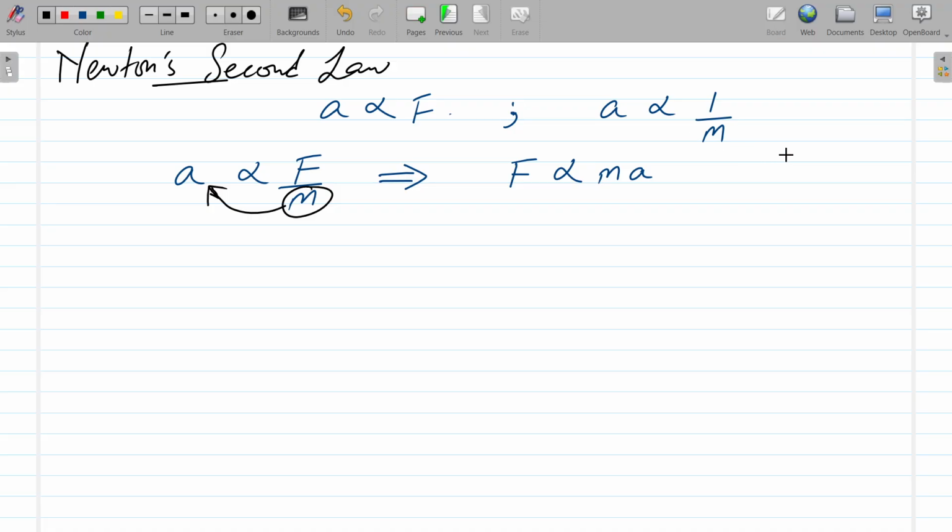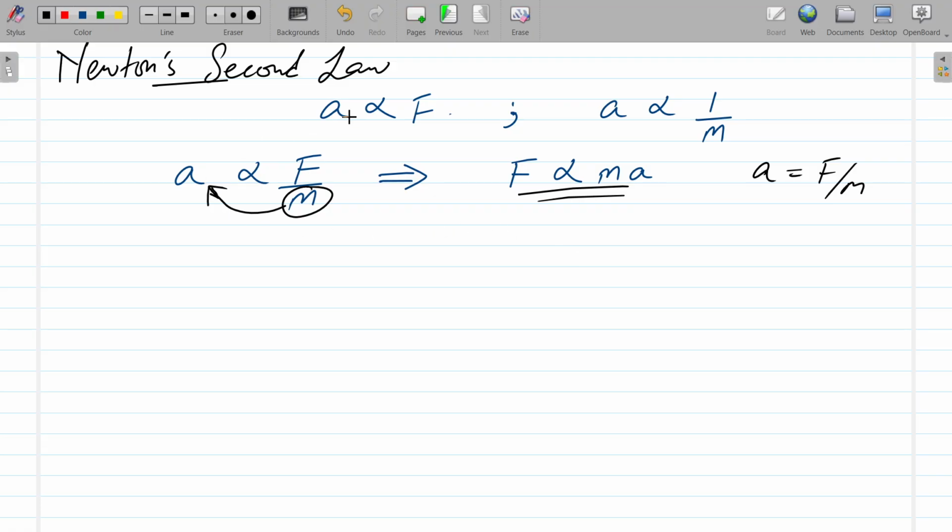Okay, you're saying that shouldn't it be A equals F over M? We are getting there. We haven't got there yet. Right now, this is not an equation. This is showing the relationship between force, mass, and acceleration in terms of whether they're directly or inversely proportional.